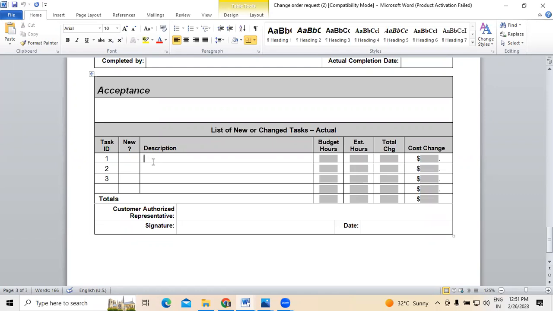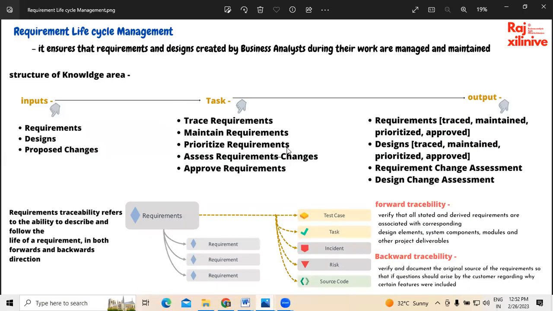Why are we learning this? Because the business analyst will act as a change manager, gathering requirements from the customer, seeing the possibility, and the final concluded requirements documents will be shared with the technical team for further execution of the work. This is where assessing the requirement changes comes into the picture.